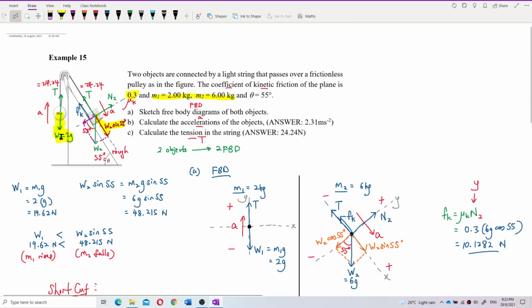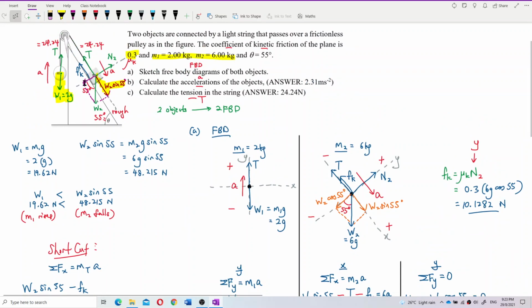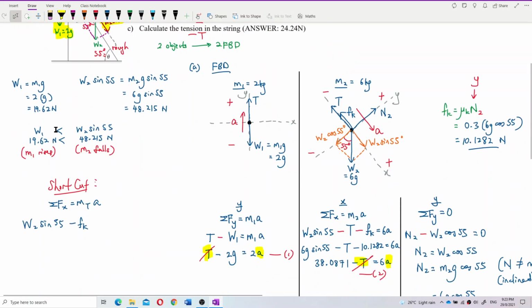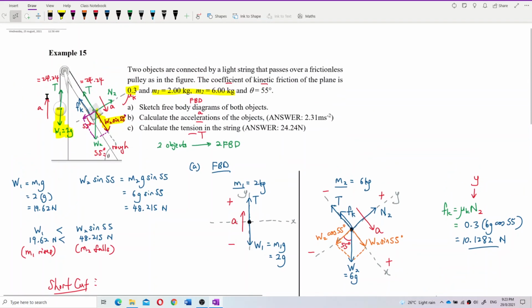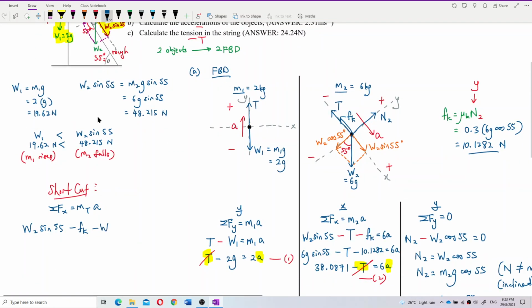So you have W2 sine 55 positive, but the friction and the weight 1 become negative. Tension cancels off, and mass total is mass 1 plus mass 2.